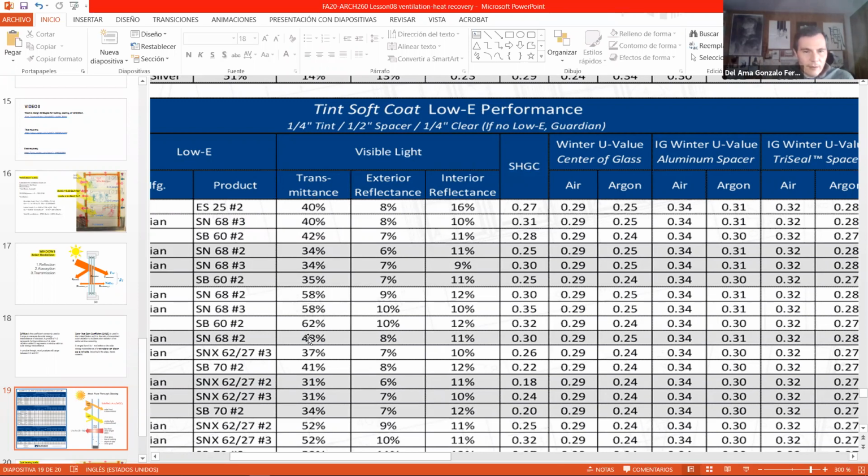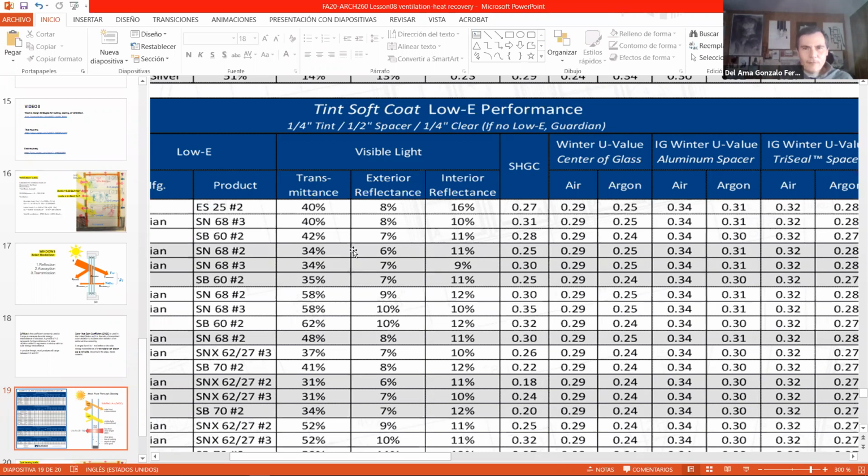Look at this, we can have 62% visible light transmittance, or 34%. With the 62, we have more natural light than with the 34. Are we working in a classroom? In a classroom, I think it's good having natural light. If we are working in other places, we might not need that amount of natural light.